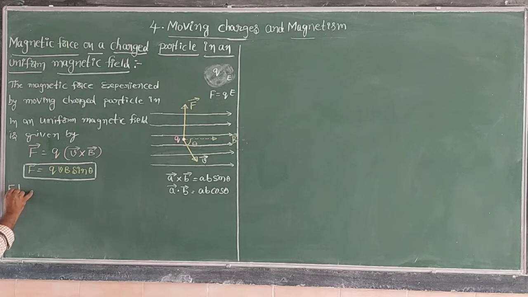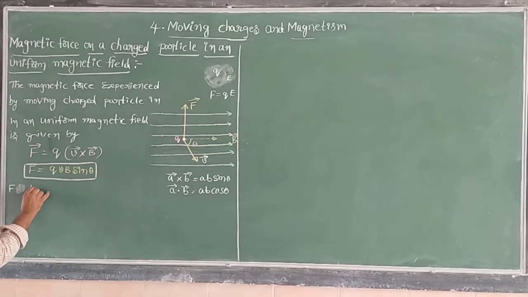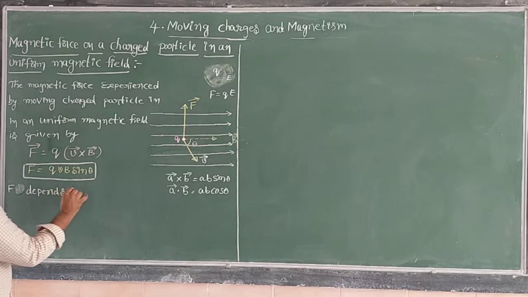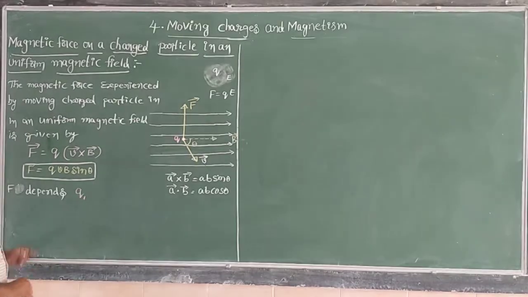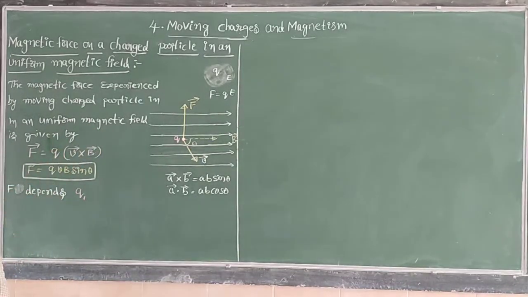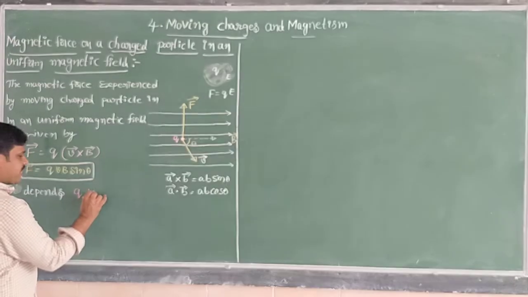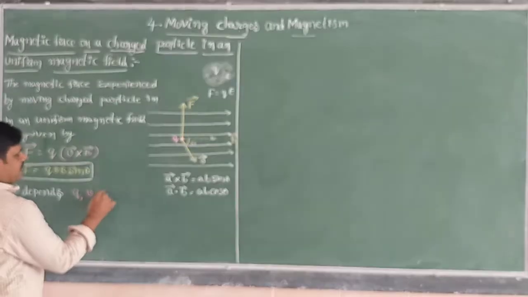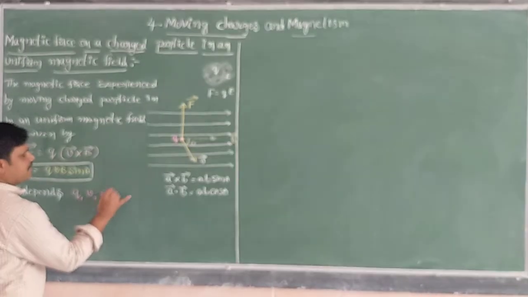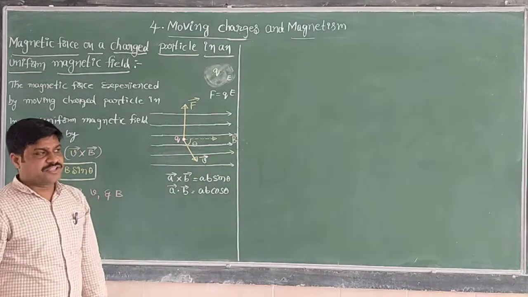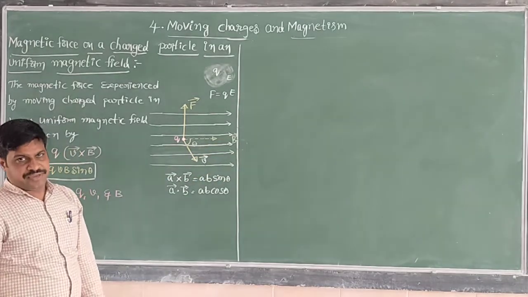Here, F depends on what factors? The magnetic force depends on the charge, the magnitude of the charged particle moving in the magnetic field; with what speed the charged particle is moving in the magnetic field; and B, the magnetic field, that is, the strength of the magnetic field in which the charged particle is moving.